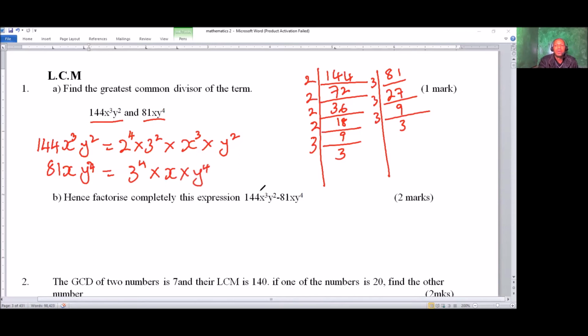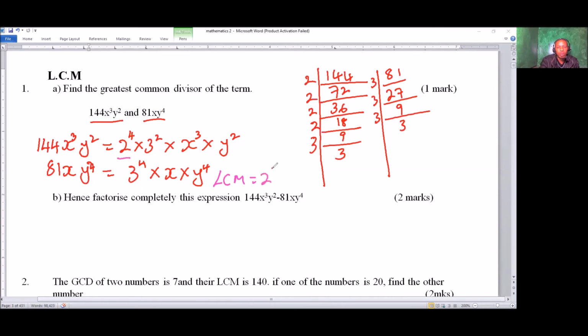So how do we get the LCM of this, having the factors? We take the factors with the highest index, or the power. So for 2, here we have 2 to power 4.